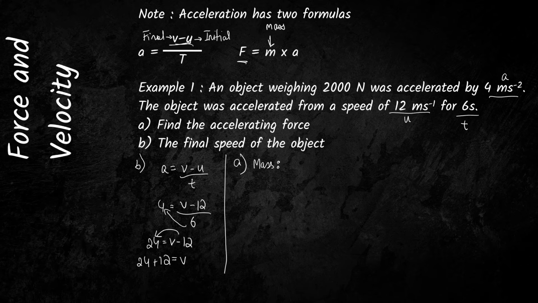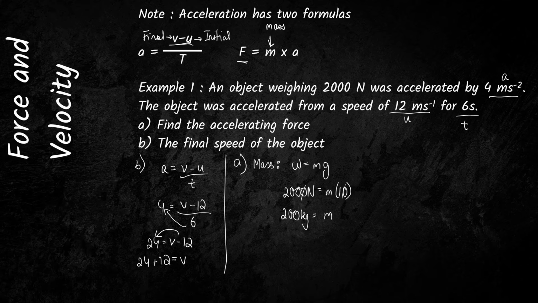So finding out the mass is very easy. W is equal to mg, where W, the question gives you the weight, which is 2000 newtons, is equal to mass times g, which is considered 10 meters per second squared, or you can take 10 newtons per kilogram. In that case, the zeros cancel out. So the mass is going to be 200 kilograms.